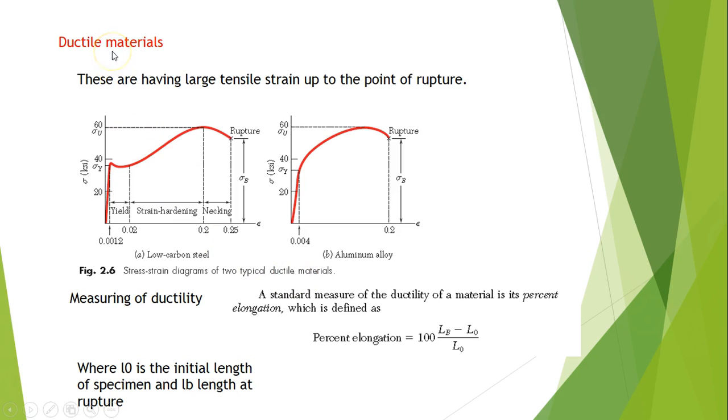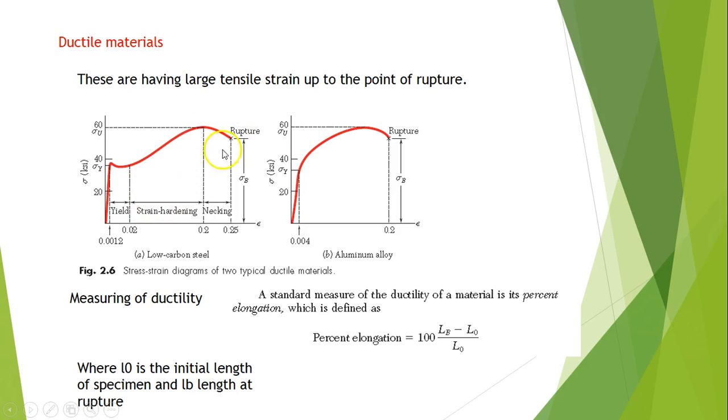While ductile materials have large tensile strain up to the point of rupture. Here we start from zero, with the modulus of elasticity in the linear portion. Again we come to the yield and continue up.